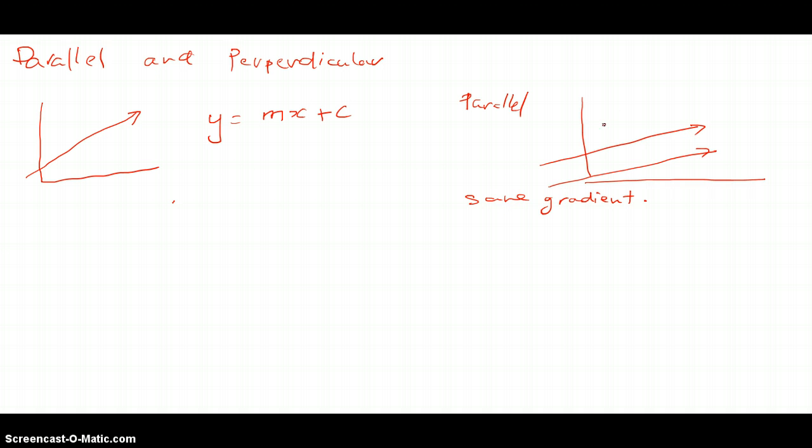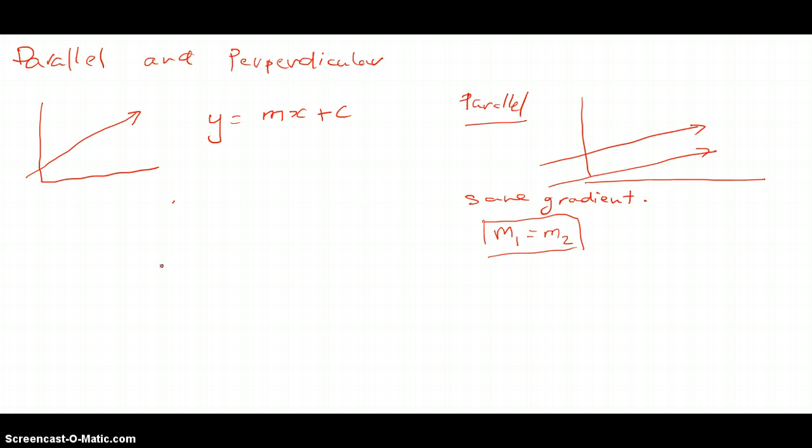Okay, so if the gradient of this line was to be measured against this line, it would measure the exact same value. So the way we define parallel lines is that the gradient of the first line is equal to the gradient of the second line, such that m1 equals m2. Okay, that's just the short definition for this.